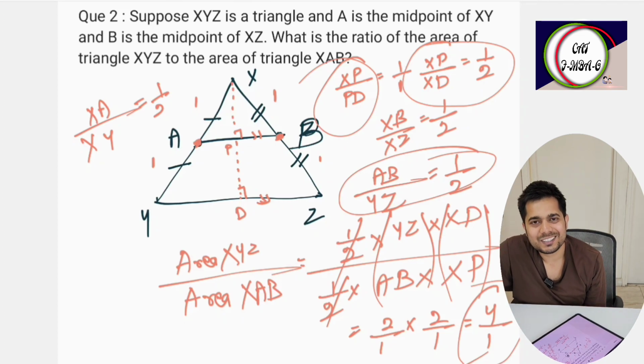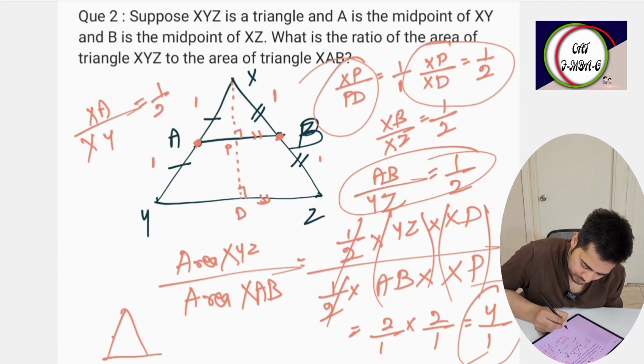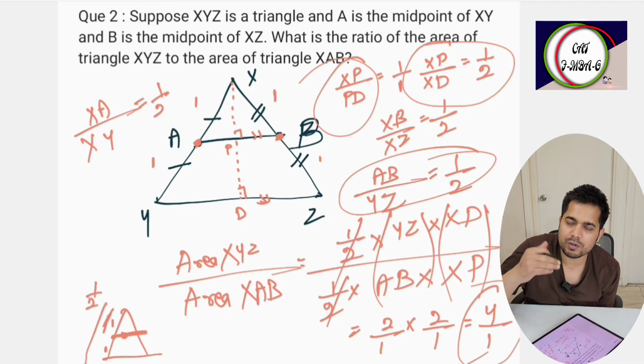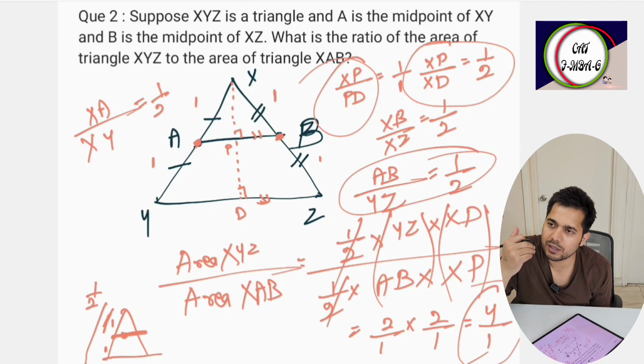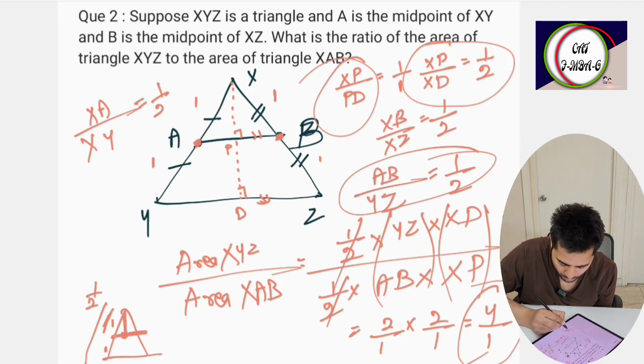So always remember, if a parallel line is dividing in the ratio 1 is to 1, or this by this whole is 1 by 2, every other length will be divided in the same ratio, whether it be altitude or this base.